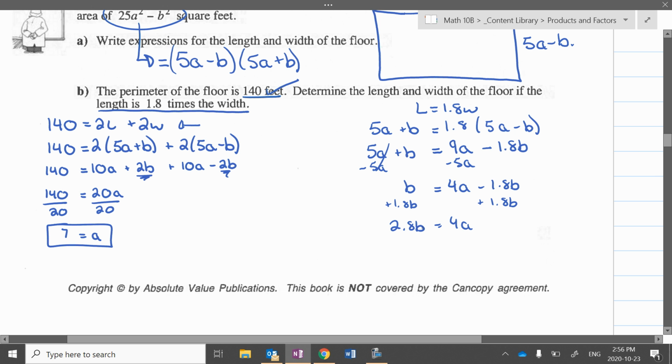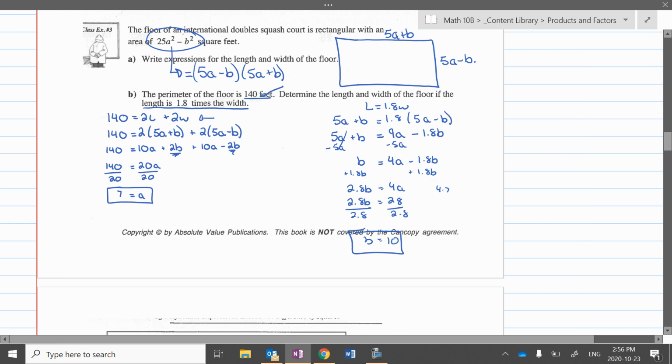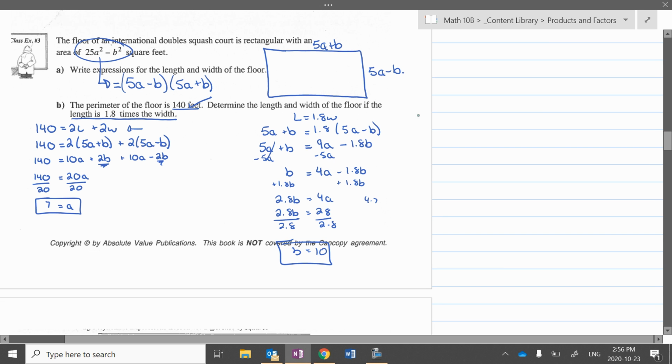We know that a from earlier is equal to 7, so I'm going to plug that 7 in. Save space, we know 4 times 7 gives us 28. Isolate b, so then b is equal to 10. We're not done, and this is a really important piece. Often we forget that we're not done, so from here we actually have to plug it in.